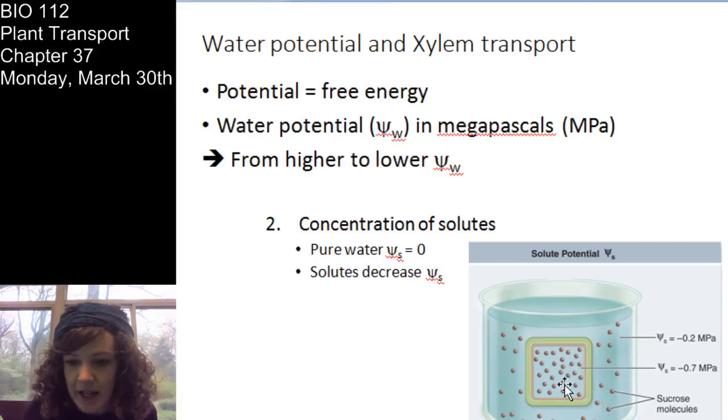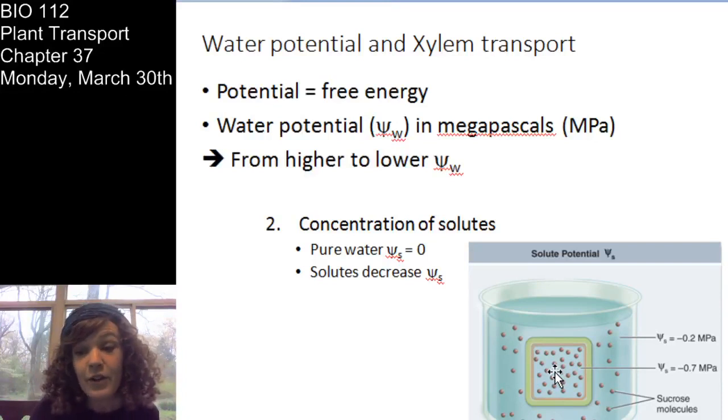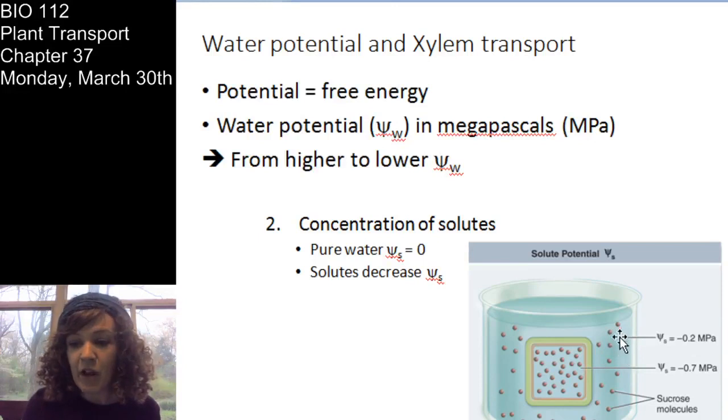So, inside here, higher solute concentration means that there is a lower solute potential. It is more negative. Because you can think of it this way. There's a lower solute potential here and a higher solute potential here. All else being equal, don't think about turgor pressure, just thinking about solute.